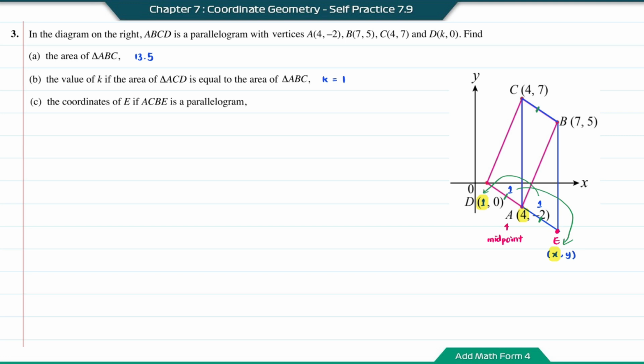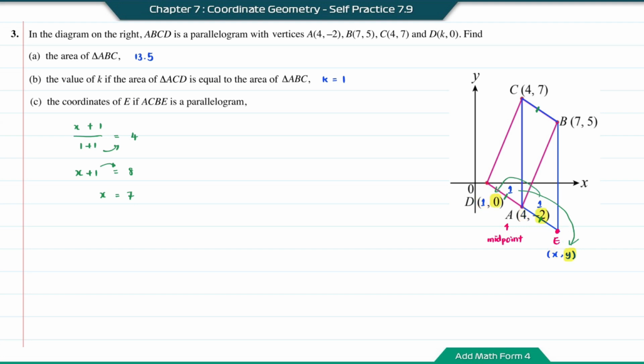So using the formula of the division of line segments, when we sum up the x-coordinate for the points D and E, which is x plus 1, and divide it by the total ratio 1 plus 1, this is equal to the x-coordinate of the point A, which is 4. So here, x plus 1 is equal to 4 times 2, which is 8. Then x is equal to 8 minus 1, which is 7.